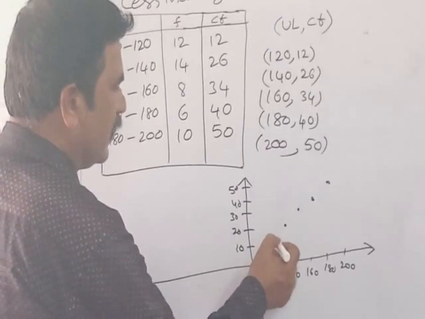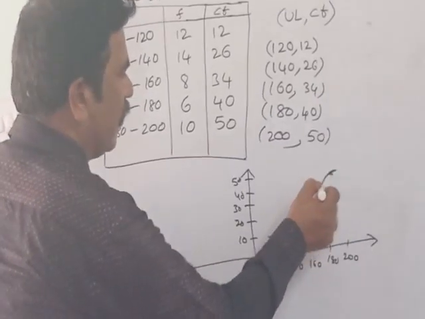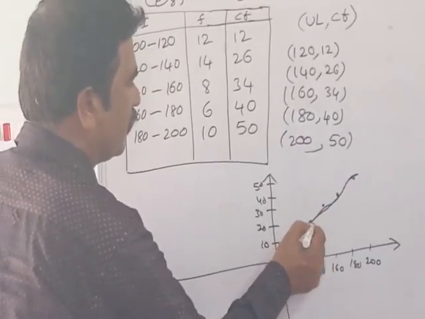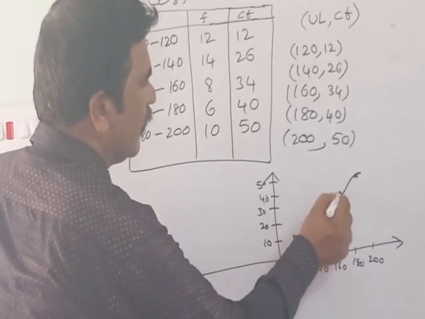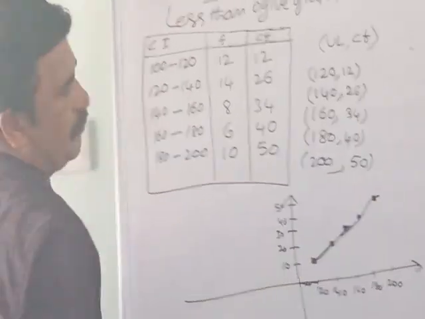Therefore, join this with free hand. You will get a light S shape. You must get a light S shape.